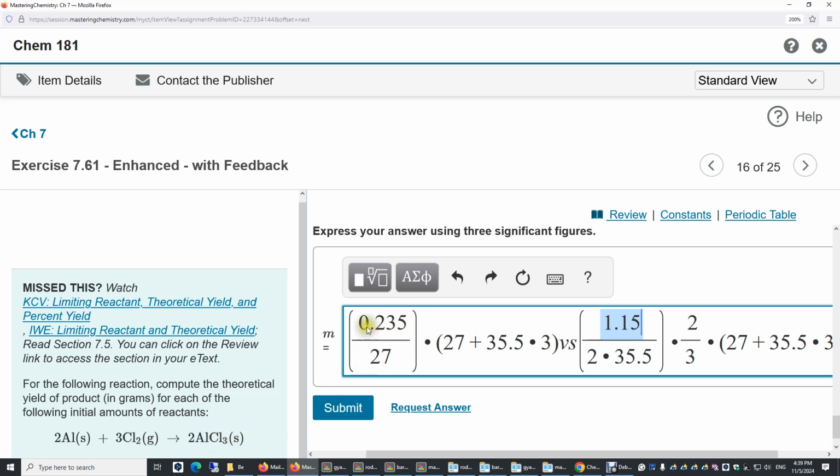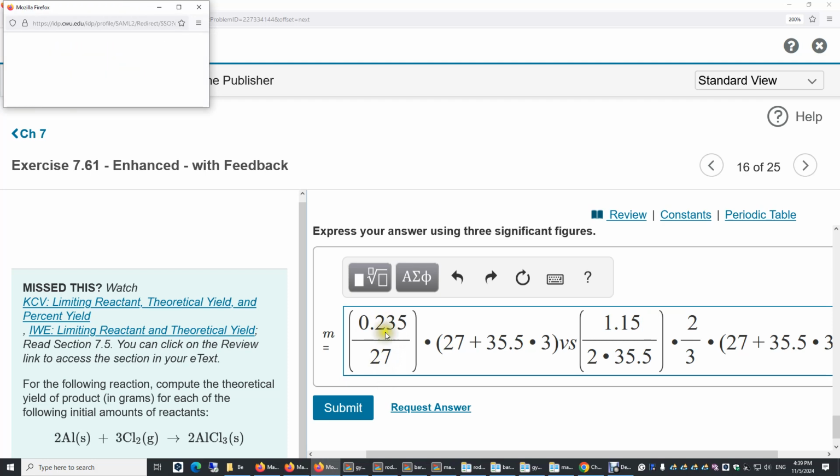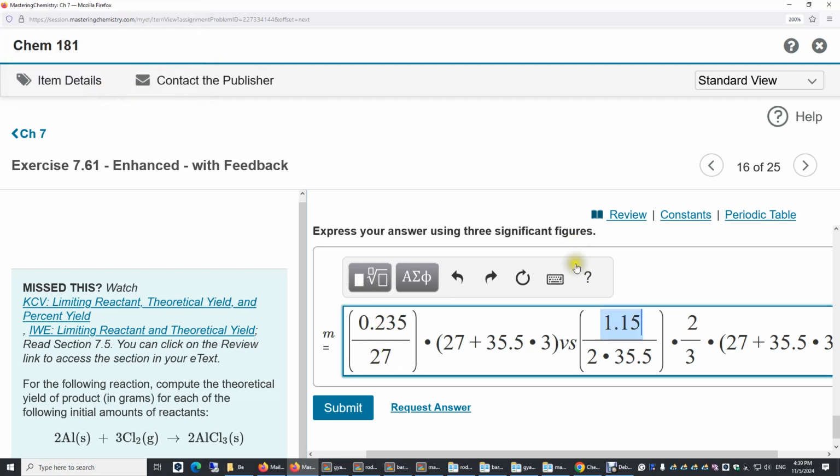It's a bit less than 0.01, right? So just remember this is a bit less than 0.01, maybe 0.008 ish. Now look at this one. 1.15 divided by 71, and then times 2/3.